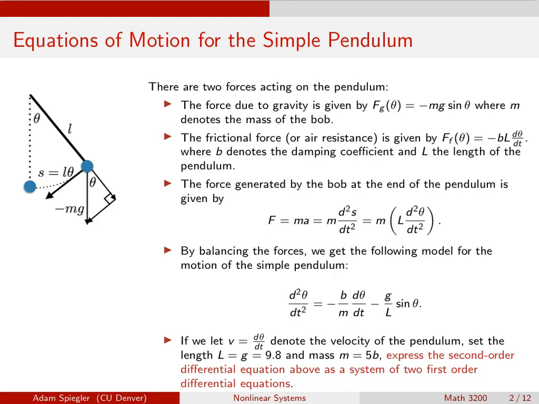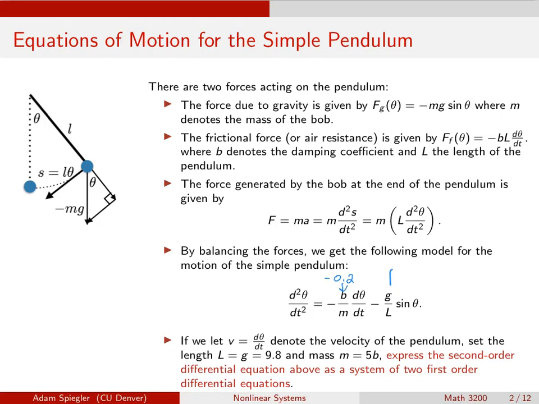And in order to simplify this a little bit, since we have so many constants, let's say that the length of the pendulum is equal to gravity, in which case this coefficient over here is going to be 1. And in addition, if we assume that the mass is 5 times the damping coefficient, in other words, b divided by m would be 1/5, that's going to give us this coefficient over here, therefore it would be 0.2 if we write that as a decimal.